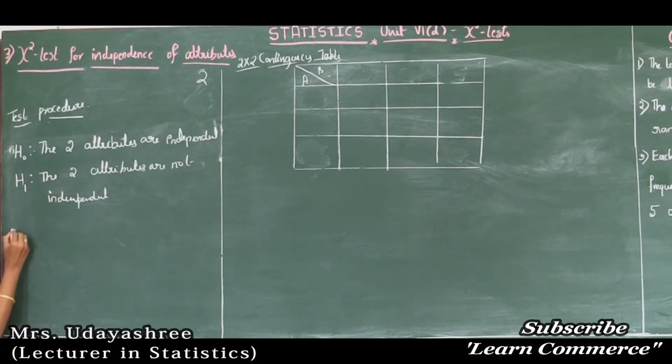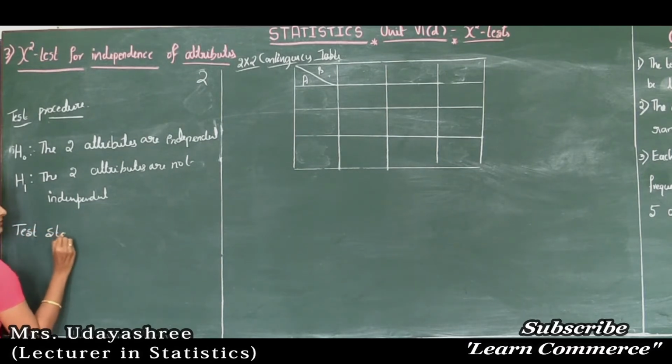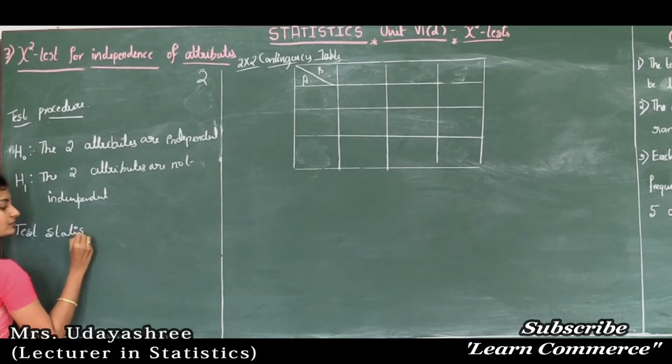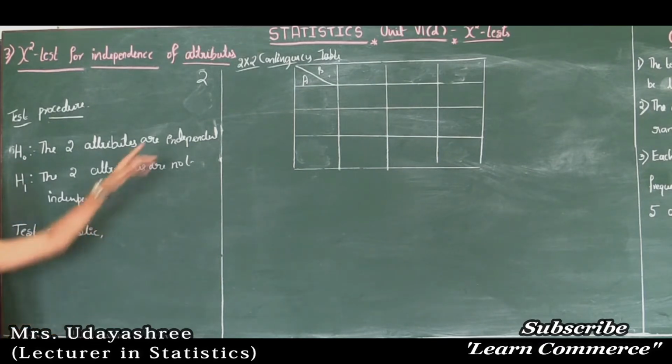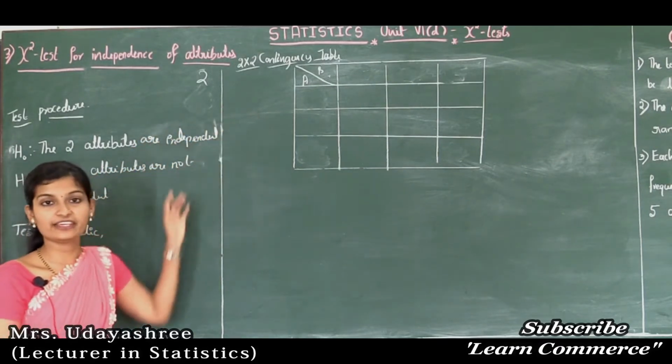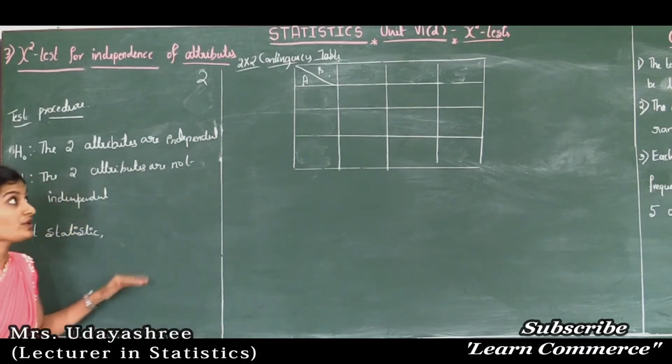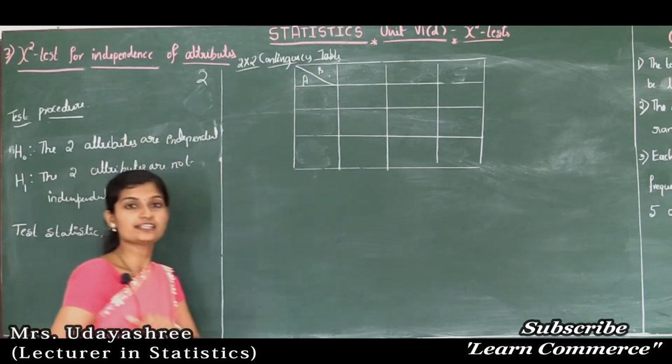Next step 3, that is the test statistic. Using a 2 cross 2 contingency table we can write the test statistic. What is a 2 cross 2 contingency table?